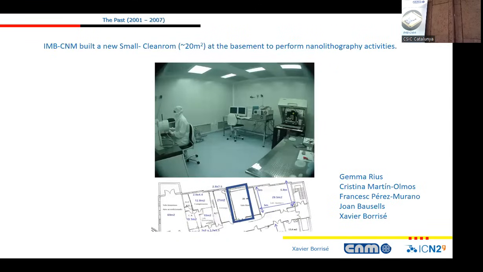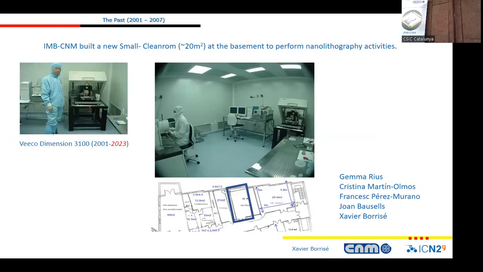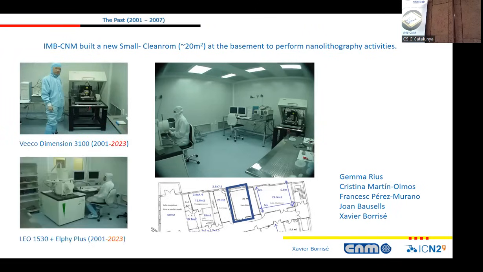And this is the laboratory. That was in the basement. You see, this is the basement of the CNM, but now this is still the clean room for bonding, with Alberto and also with Xavi. So it was smaller than it is now. In that basement, we had different systems, which were basically an AFM, which we started with, and an SEM with some attachment, which allows us to create patterns to do lithography also.